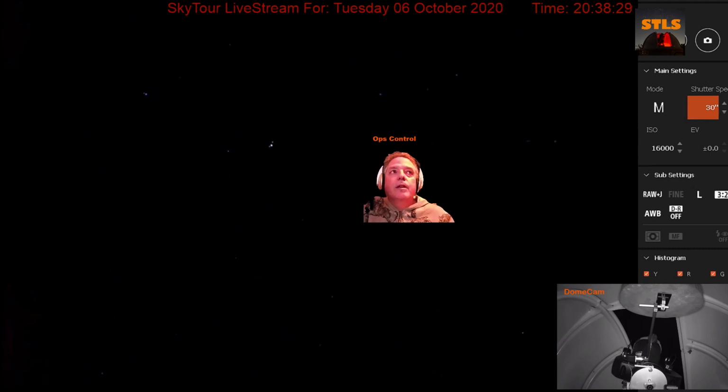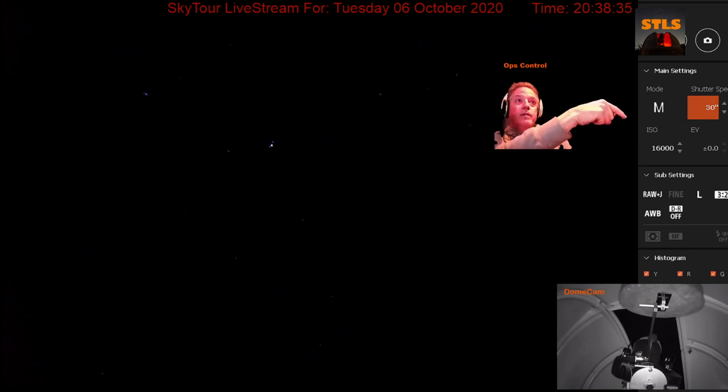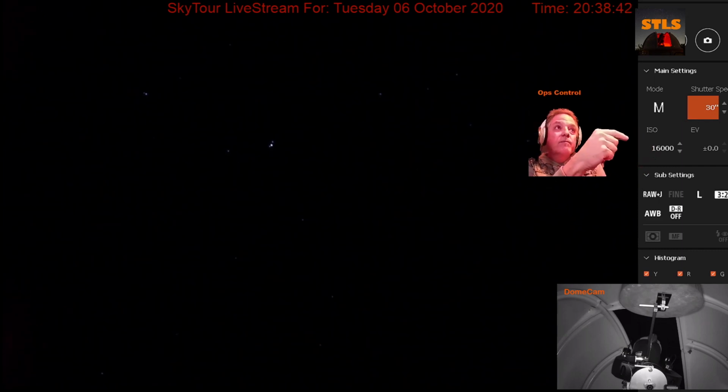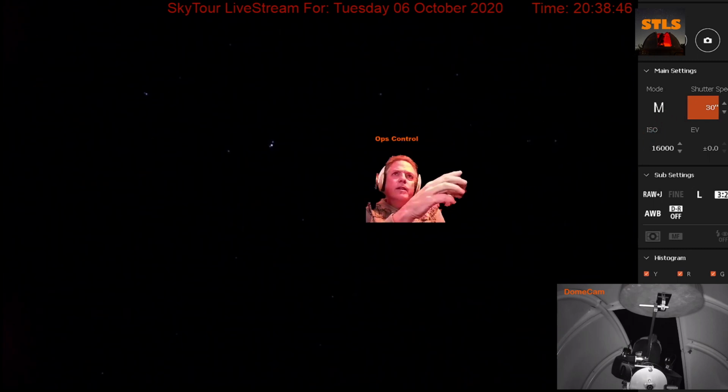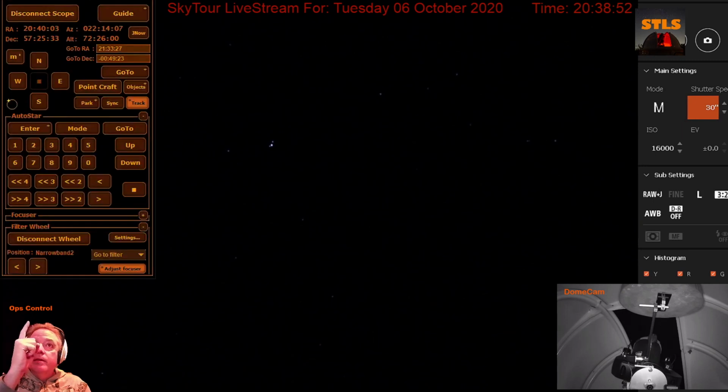Okay, and I will often come out and point to things like, here, this tells you what mode we're in with the camera. This gives you the speed the camera's at right now. We're at 16,000 ISO, which is a camera sensitivity setting, and we're doing a 30-second shot. That was this last shot we just took. All right, then what you'll see right above my head here is our telescope control system.